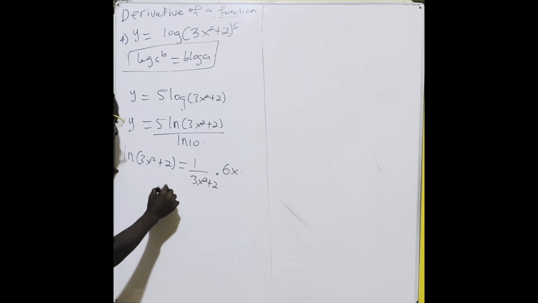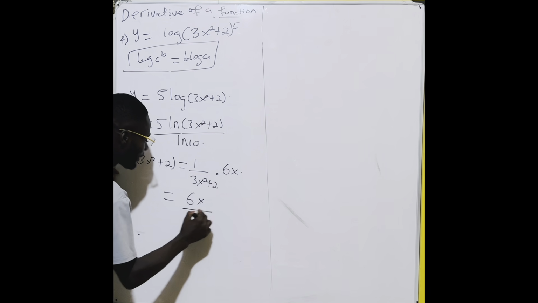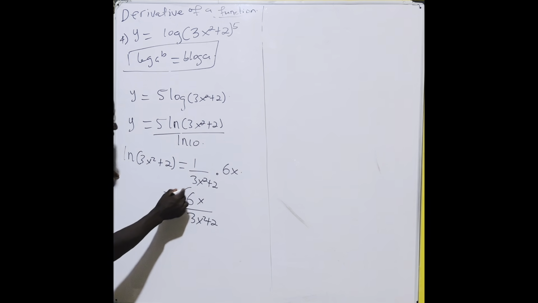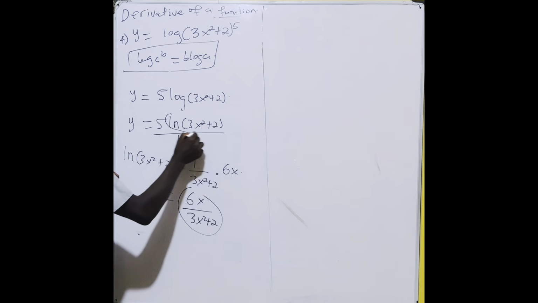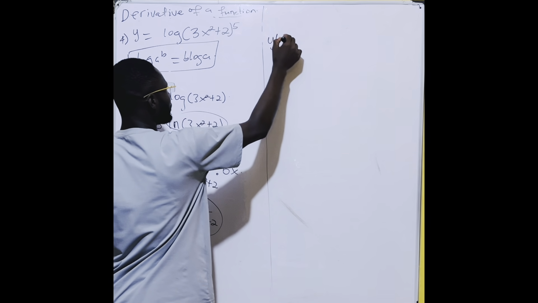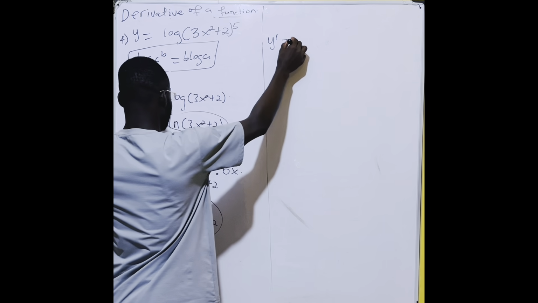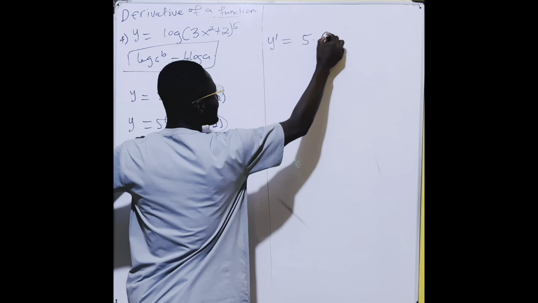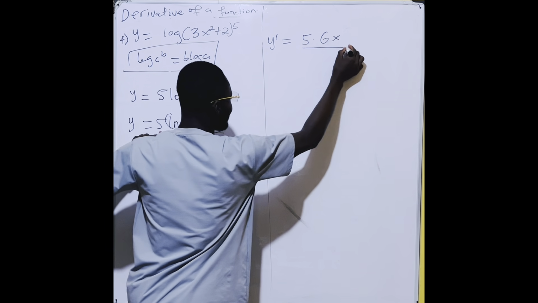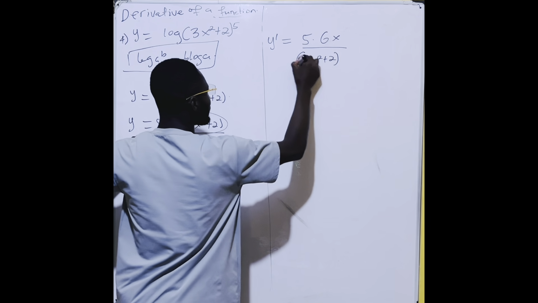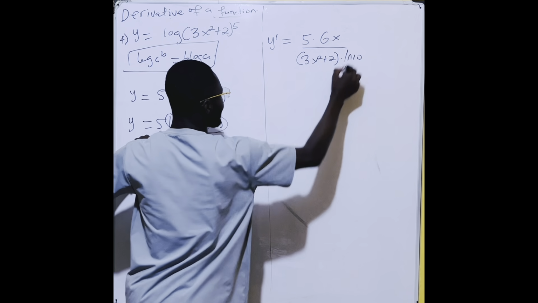Now, let's say that we have 6x divided by 3x squared plus 2. So we are going to substitute this in place of that. So we are going to have y prime equal to 5 times 6x divided by 3x squared plus 2 times ln 10.